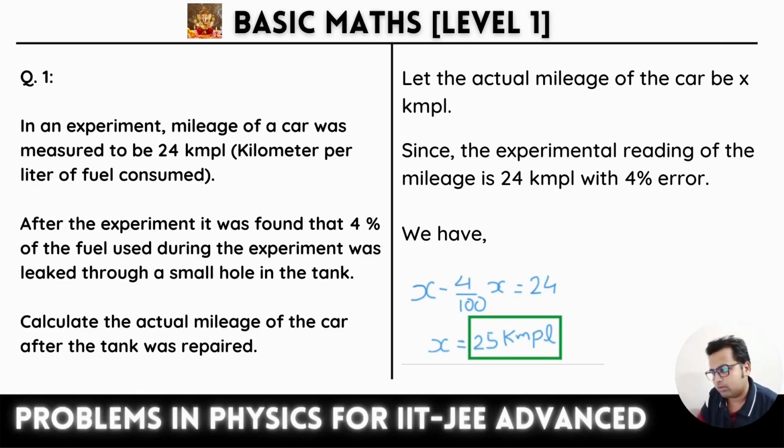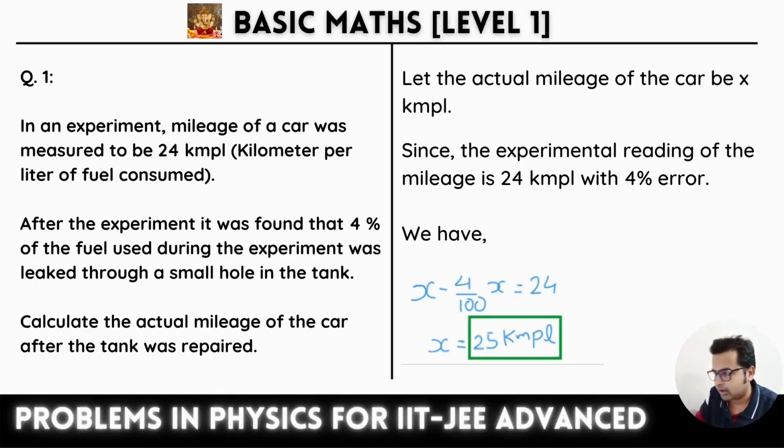So let the actual mileage of the car be x kmpl. Since the experiment reading is 24 kmpl with 4% error, we can write that actual mileage, that is x, minus 4% of x is equal to 24.